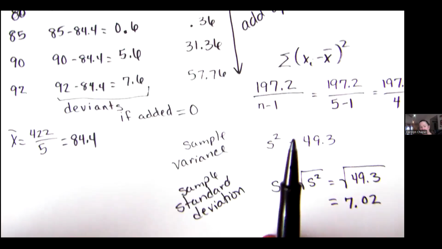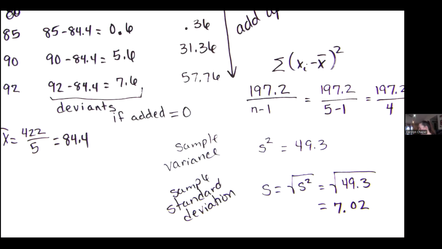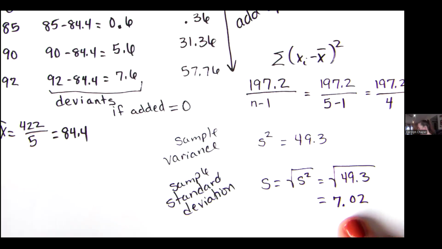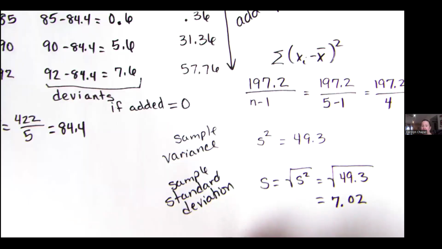So it's kind of like undoing what we did. The larger the value we get, the more spread out your data is going to be. The smaller your value is, the more tight and compact the data values are. And we'll see how that plays a role in the shape of our data in later chapters.